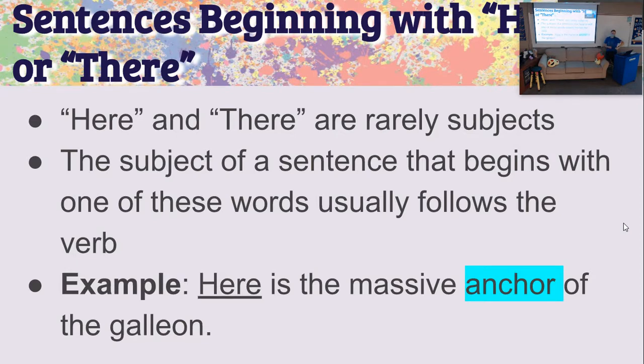Is is our verb. These are verbs. You guys have to have those memorized, okay? So is our verb, anchor is our subject, so just notice how the subject comes after the verb in this sentence that starts with here.